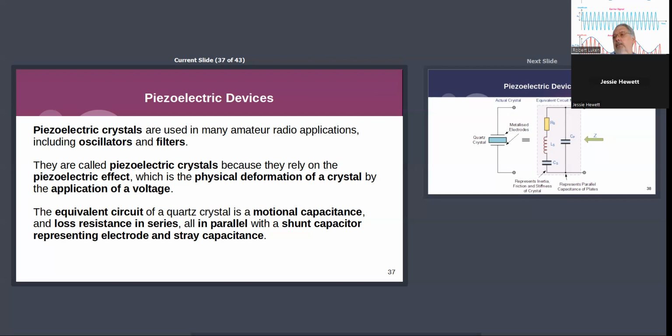Then in parallel with that series branch, you've got a shunt capacitor that's equivalent to the stray capacitance.